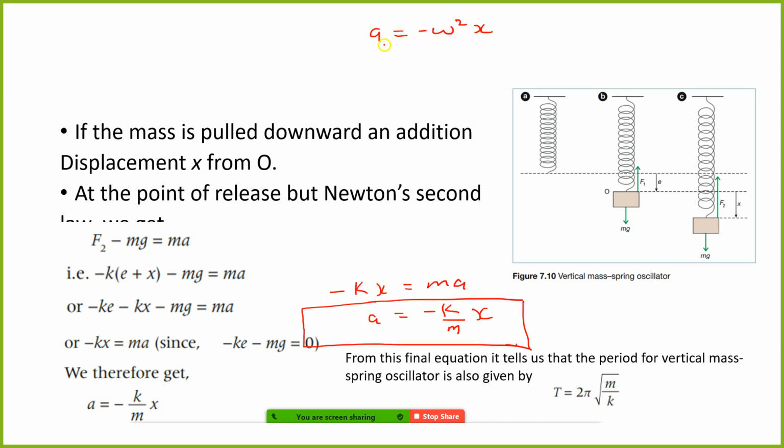So what this tells us is that the acceleration is directly proportional to the displacement. So the more you extend the spring down, if I were to pull the spring further down here, there's going to be an acceleration in the opposite direction.